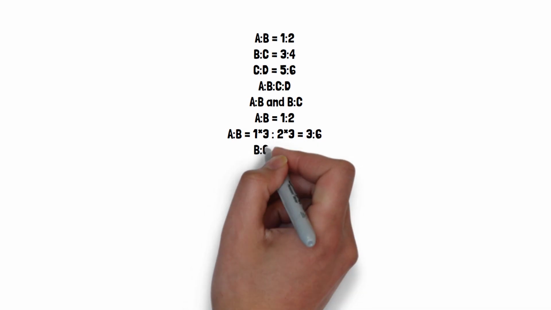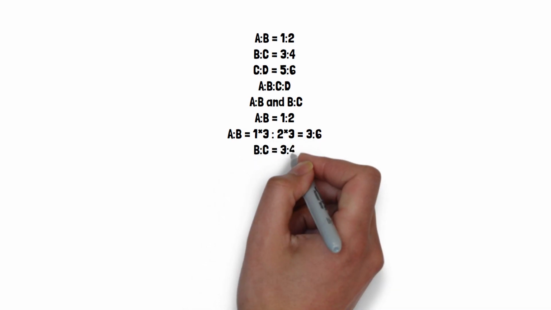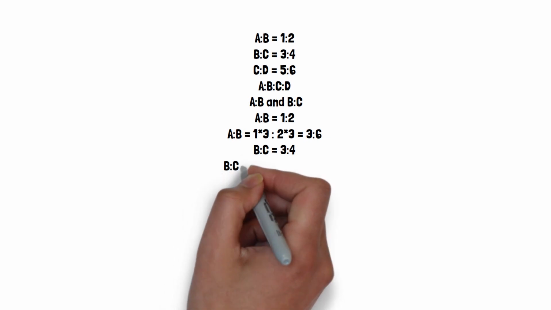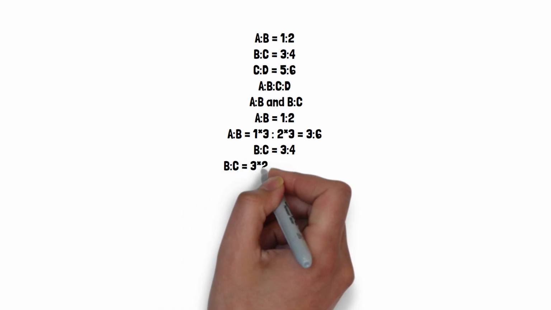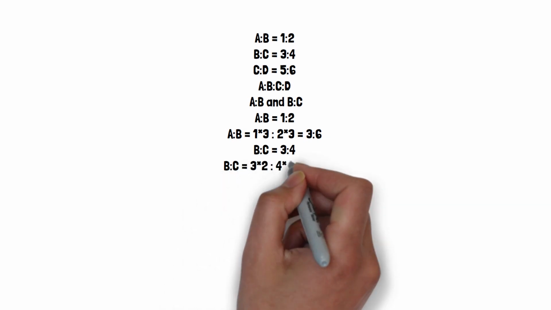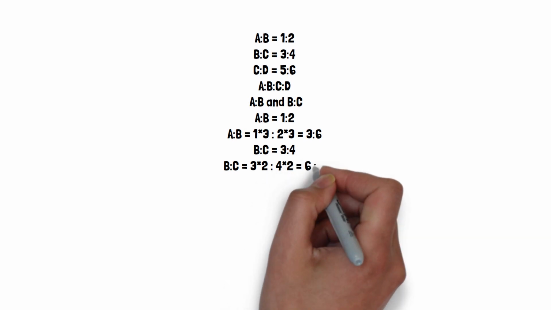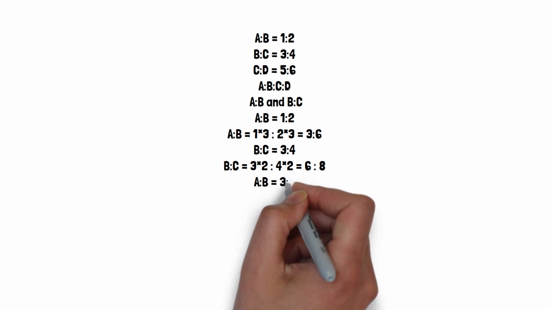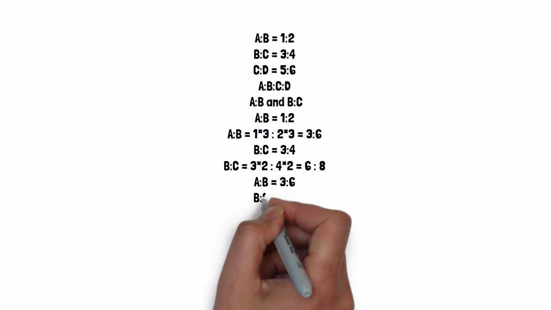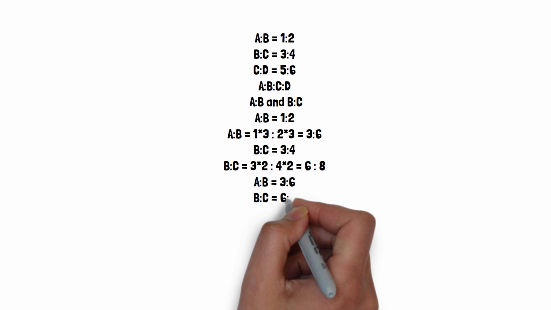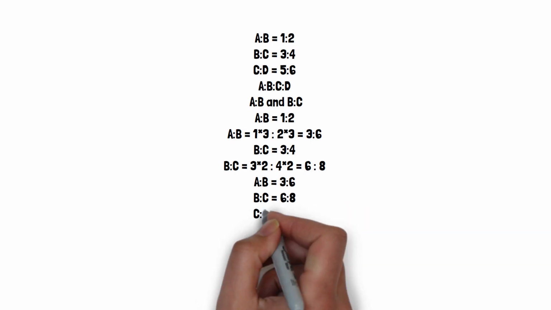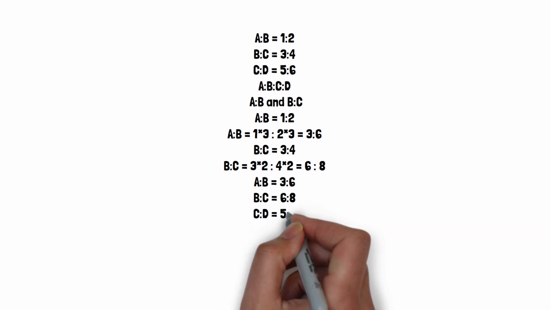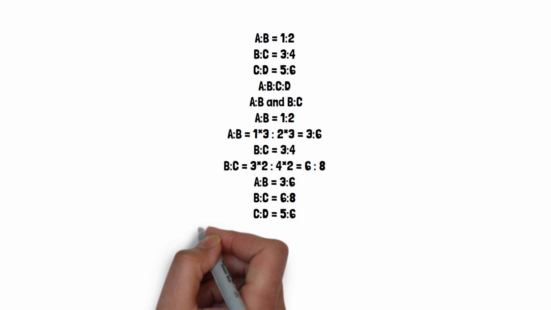Similarly, B is to C is equal to 3 is to 4, and after multiplying them by 2, we get B is to C is equal to 6 is to 8. Now we have A is to B is equal to 3 is to 6. B is to C is equal to 6 is to 8. And since C is to D does not require scaling, it is equal to 5 is to 6.